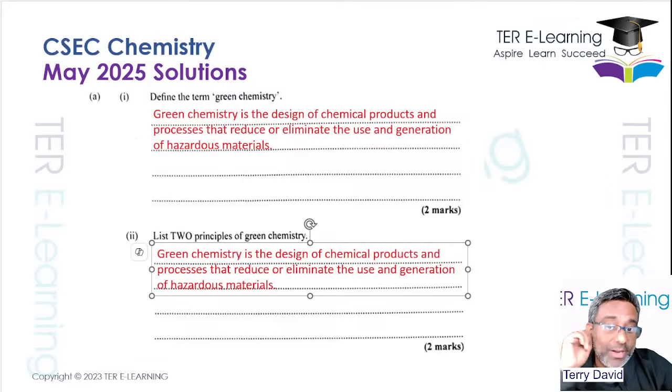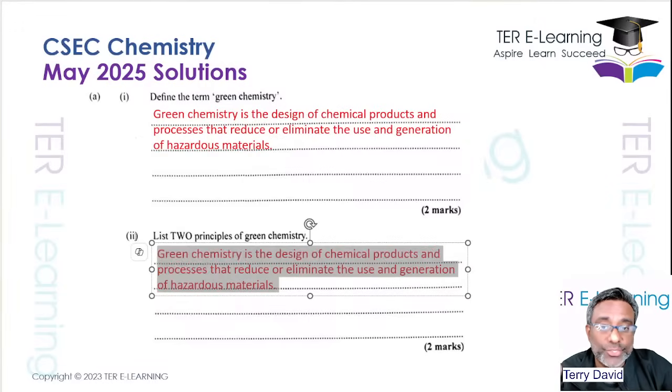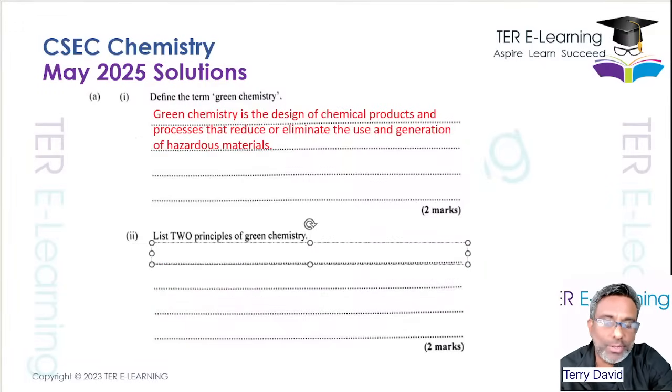So you have several principles that you could use. They said list 2 principles, so you have 12 to choose from. You can put any one that you want.